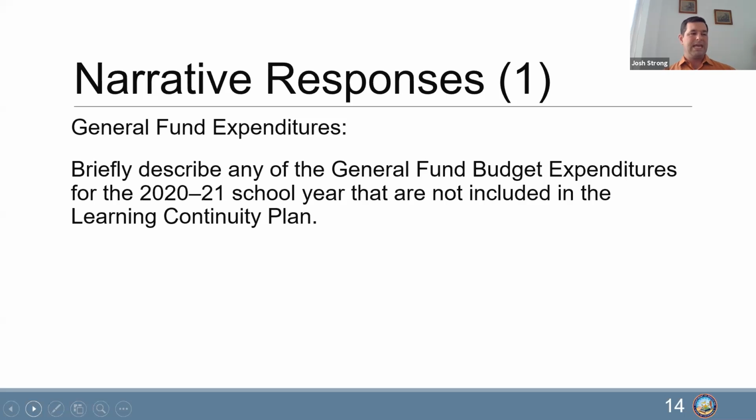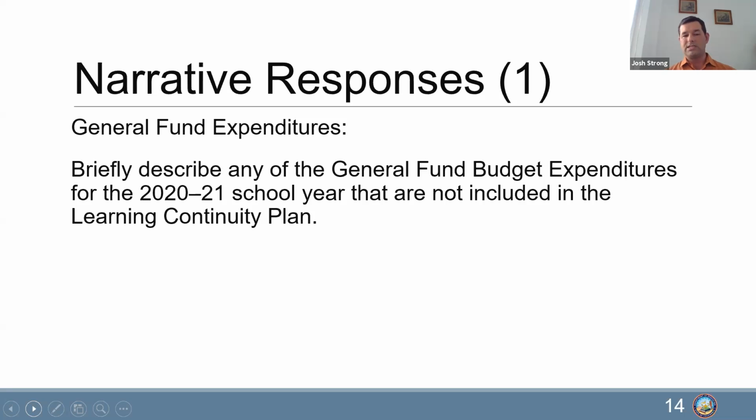Now, within the budget overview for parents, there are potentially three narrative responses. The first narrative response is one that all LEAs are asked to respond to. In a typical year, this would read, briefly describe any of the general fund budgeted expenditures that are not included in the LCAP. This year, again, we don't have an LCAP.